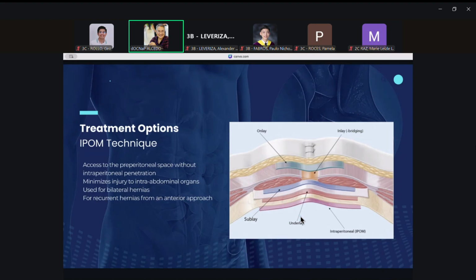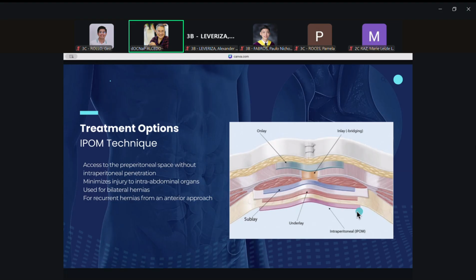And it cannot come in contact with intra-abdominal organs because it can cause adhesions and perforation, no? That's why if this is your peritoneal cavity, no, we incise this and we insert the mesh between the peritoneum and the abdominal wall, no? So that when it is already placed, we close the peritoneum. So the peritoneal cavity, the intra-abdominal cavity, I mean, is not in contact with the mesh.